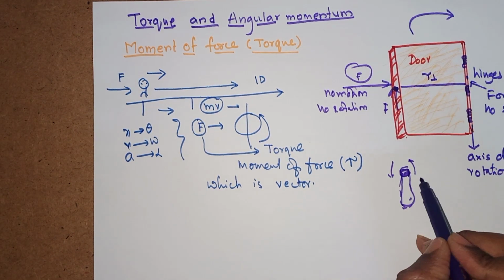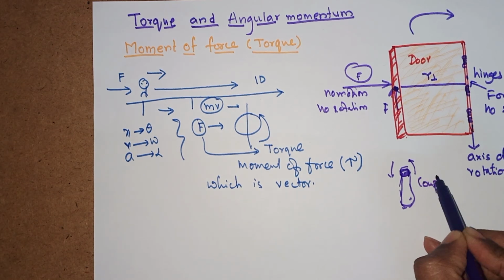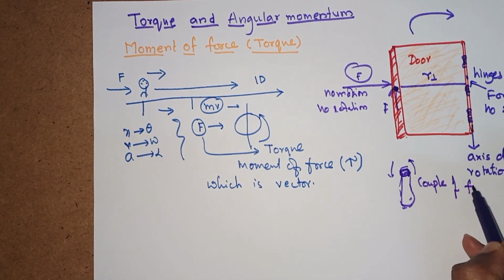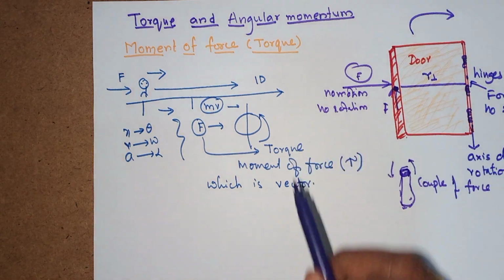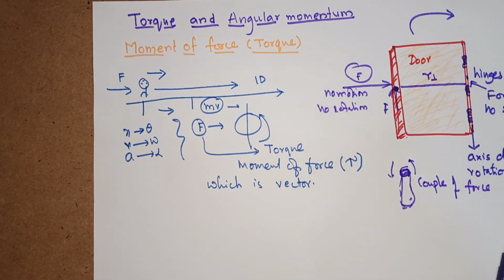So this is called a couple of forces, just like a car steering, where we use two hands to rotate the steering about its axis.